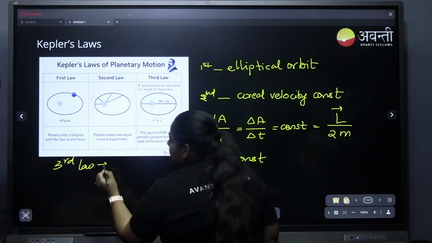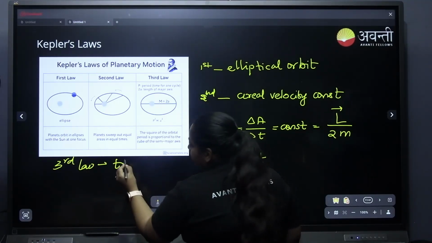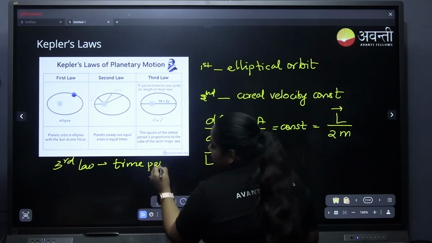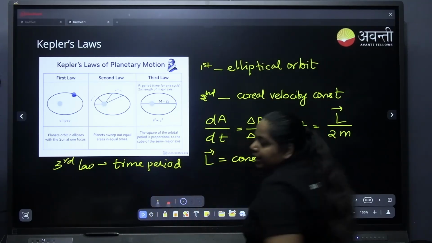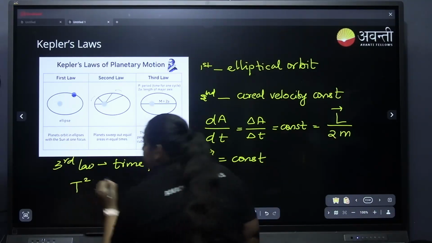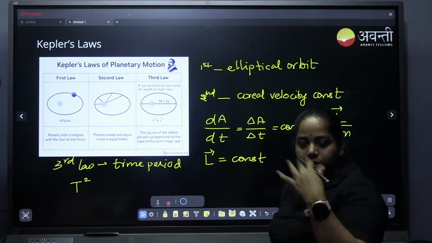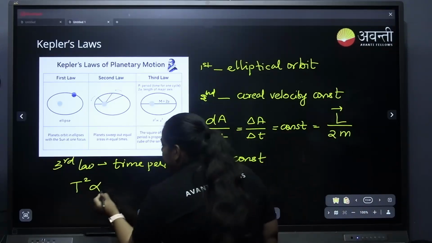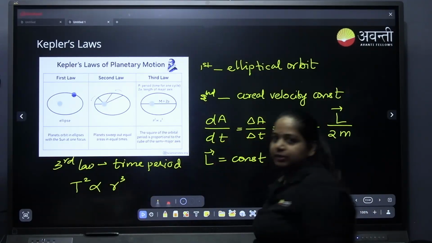Third law, it is about time period. It is about time period, and what is it saying? The square of the time period of rotation of a planet is proportional to the cube of the radius.